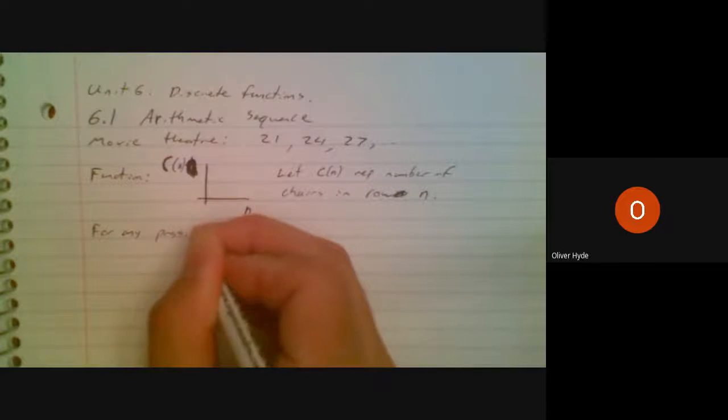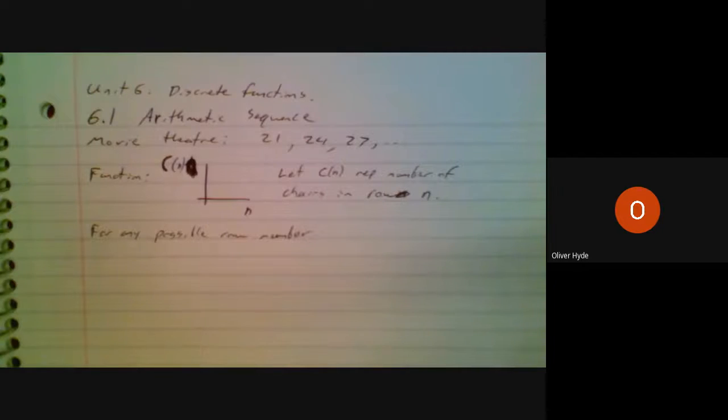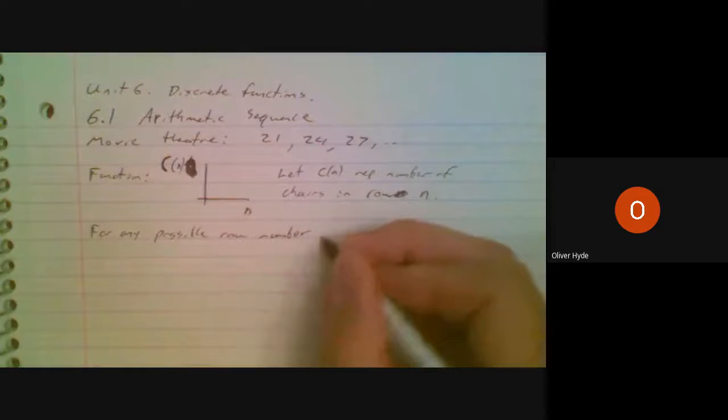Okay. So, a couple of conversations here. This must be a function. Let me explain it using specific variables for any possible row number, meaning there is no row number 1.5 or 1.6 or -3. There is only one, and maybe I should specify, because if you ask me, are there 9 seats in row 1?